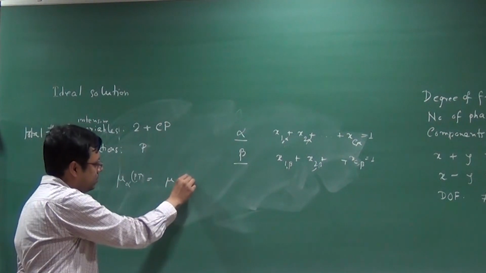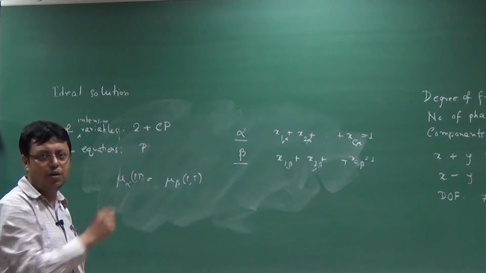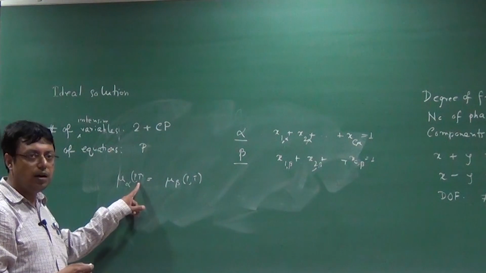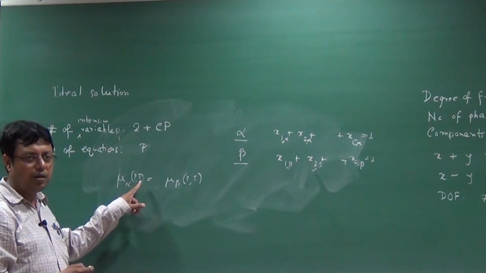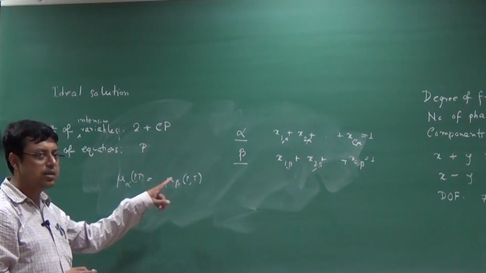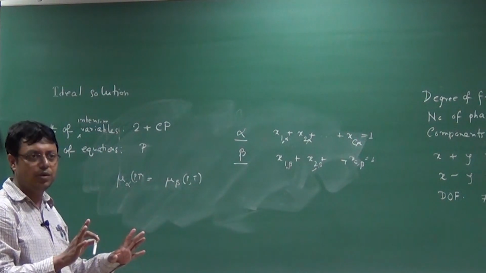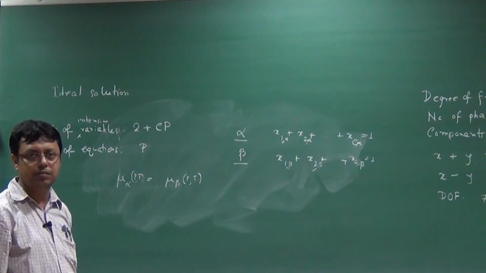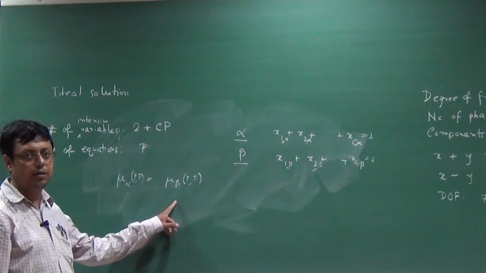That is what we started with for the Clausius-Clapeyron equation, or Clapeyron equation. Here in this case it will be not only pressure and temperature but also composition. But all the chemical potentials are equal. That is the equation when we have phases existing. Now this is basically the equation of a line.